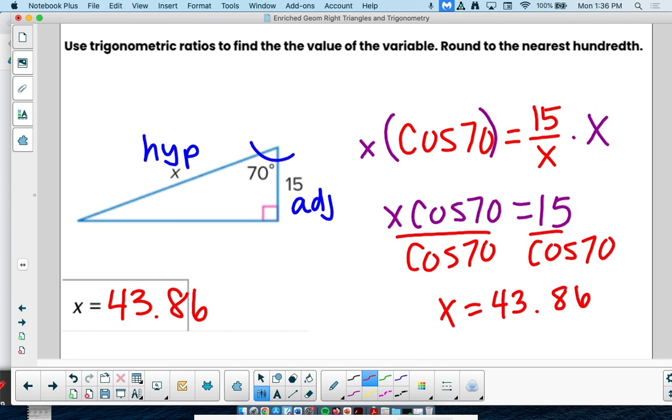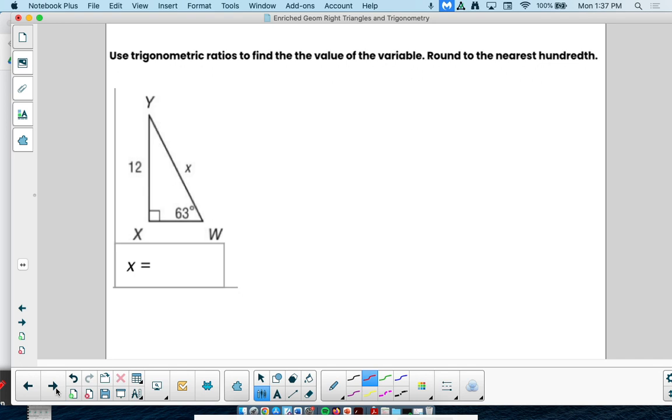The next one is... All right, on this one, mark our angle. What side is 12?